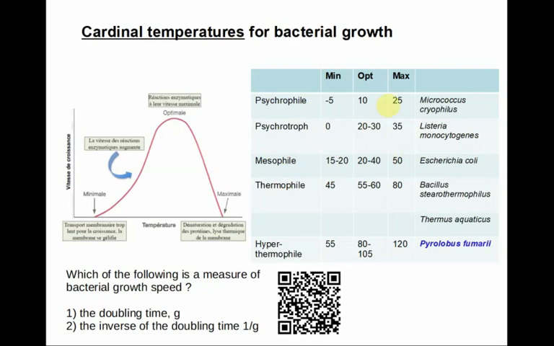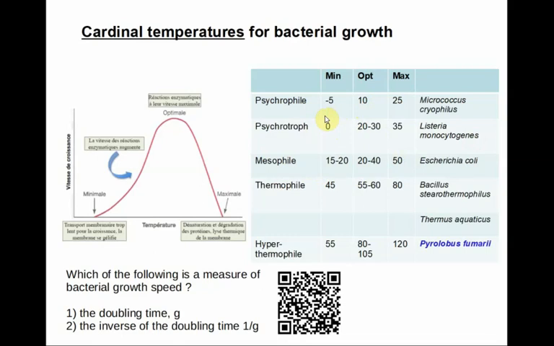As well as that, there are some bacteria which are really specialists for growing in cold conditions. Their optimal growth temperature will be 10 degrees. They will not grow at all at like 25 or 30 degrees, and they can carry on growing down to like 0 or even negative temperatures.